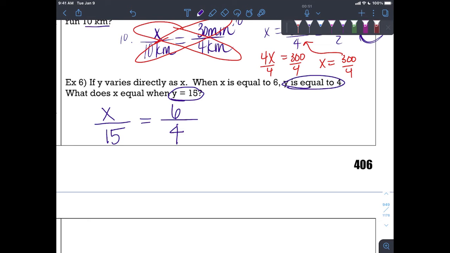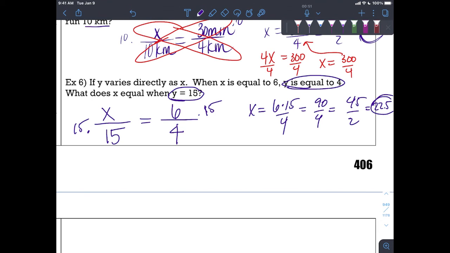And here's my associated x. I can just go ahead and multiply by 15 on both sides. And I end up with this. So I'll go ahead and keep on simplifying this. And I end up with 22.5.